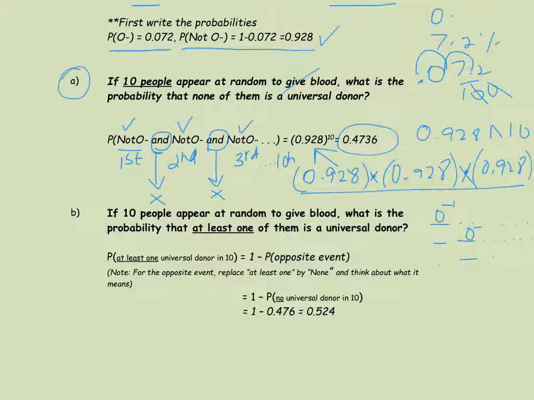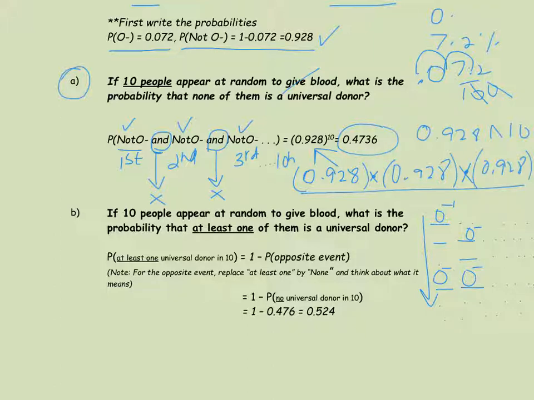Or the third, and the list goes on. And then we have to consider, what if 2 people are universal donors and the rest are not? And then there's another long list of possibilities, and then 3, and then 4. It is not impossible, but it is unnecessary to list all the possibilities. It's a long, long list.